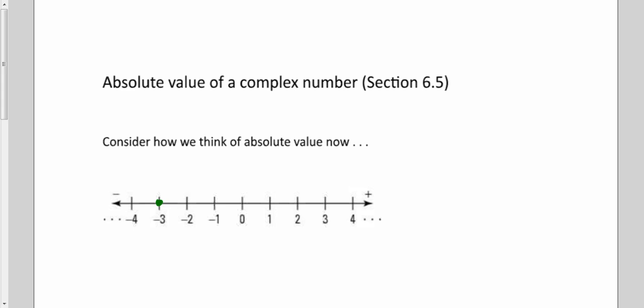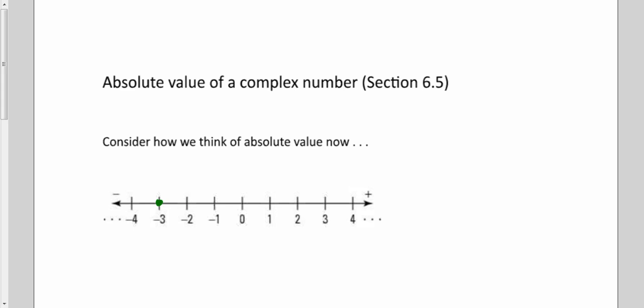How do I do that with a complex number? No, there's a good guess. I think once I give you my alternate name for absolute value, I think you might have a better intuition as to what to do. Let me ask you this.